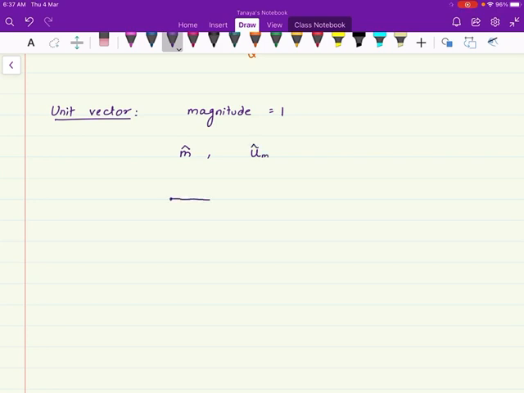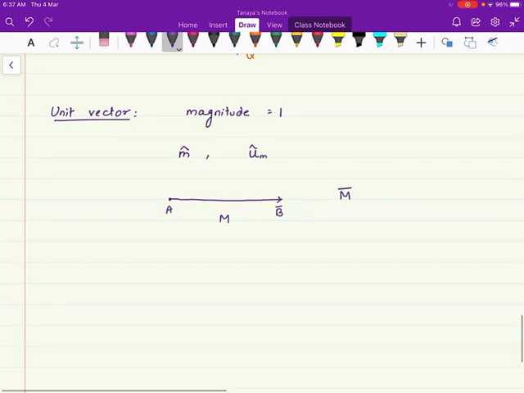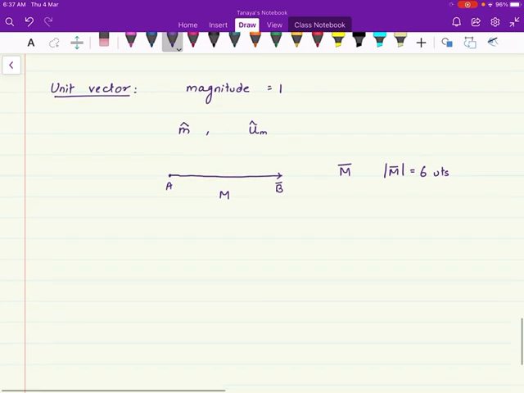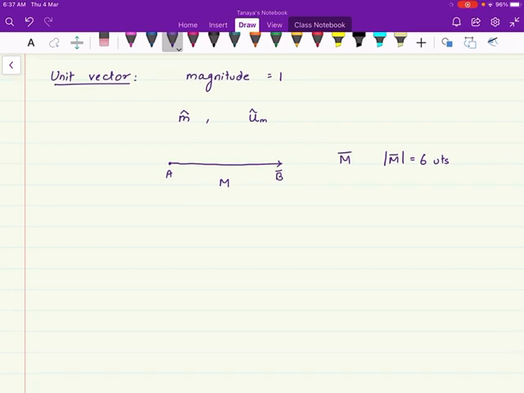See, if I have this one vector, say AB bar, I call it a vector m. So the vector is m bar. The magnitude of m bar is something, say 6 units. We can see the direction. Now I want to draw a unit vector in the direction of this m.